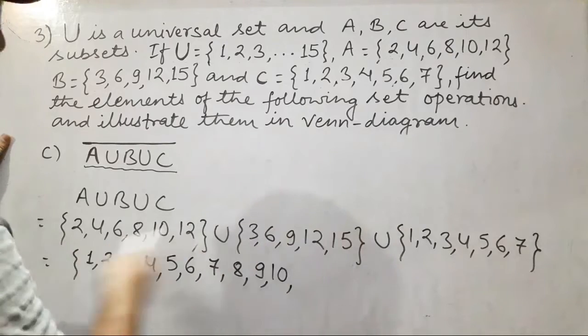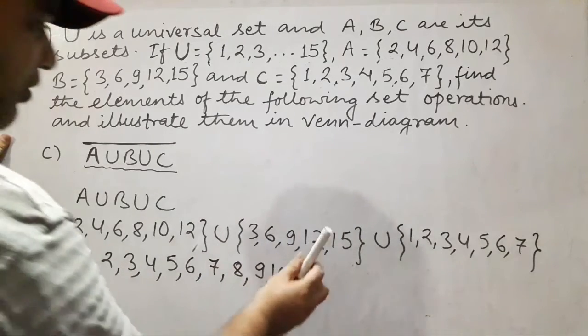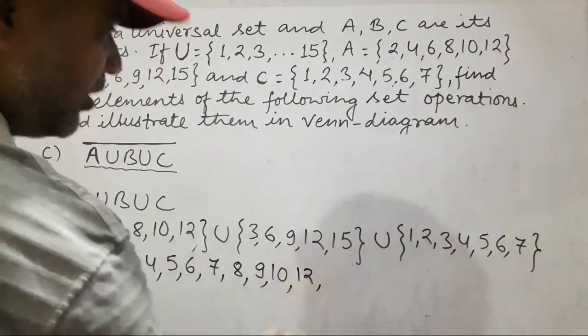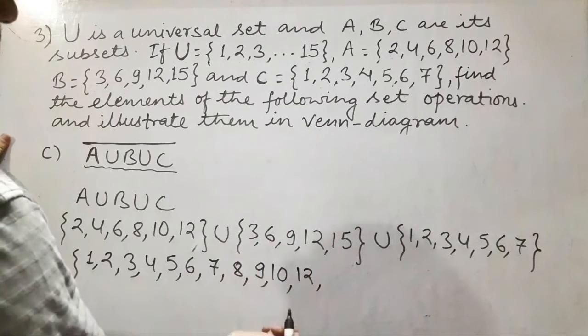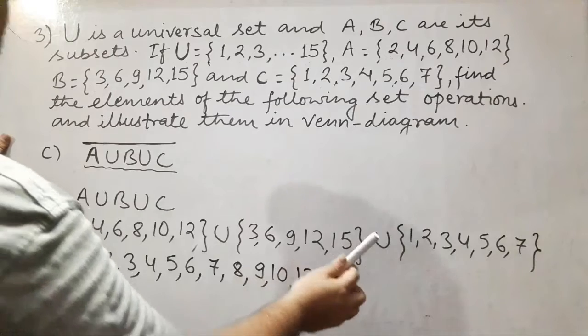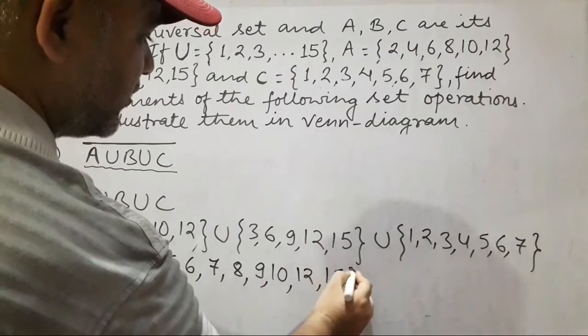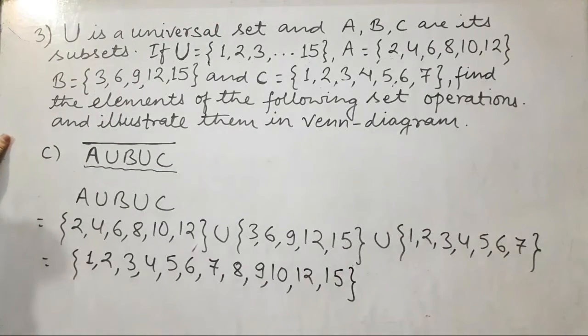No, there is no 11. 12? Yes, there is 12. 13? No 13. 14? No 14. 15? Yes. So these are the elements belonging to A union B union C.